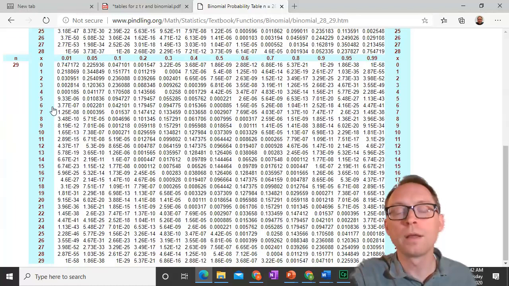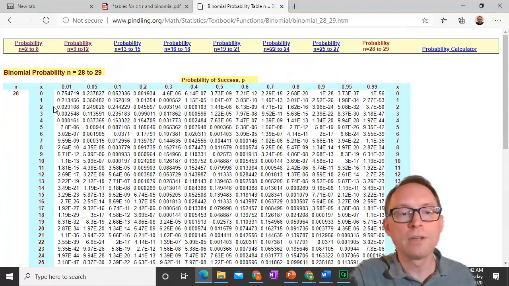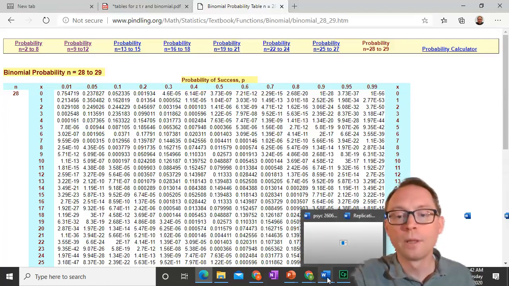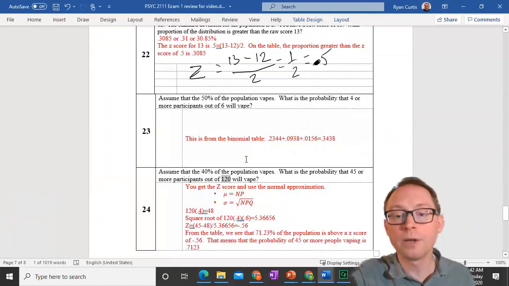The highest N that we have is 29. We can't get to an N of 120. So we have to use what's called the normal approximation. And so what we're going to do is transform this binomial, and it is a binomial problem that we've been talking about, this right here, okay?